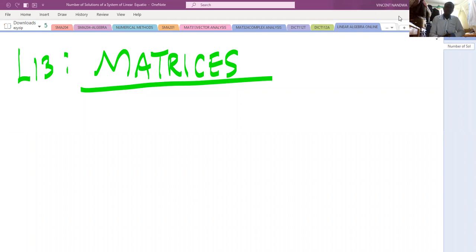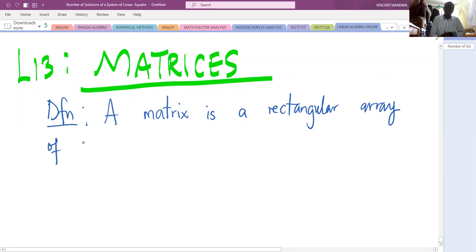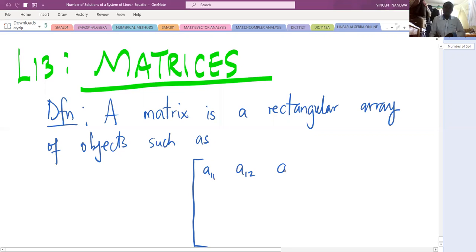So, definition. You can say a matrix is a rectangular array of objects such as A11, A12, A13, up to A1n, A21, A22, A23, up to A2n.